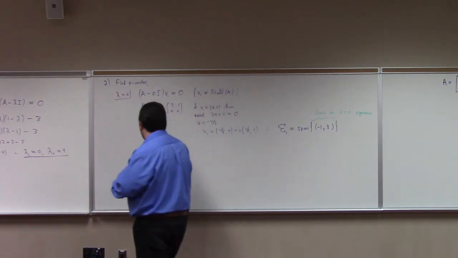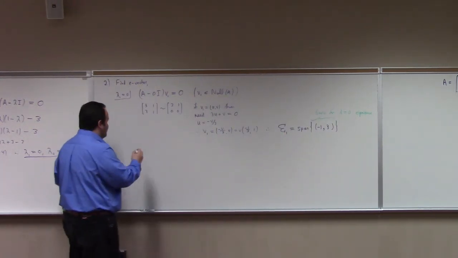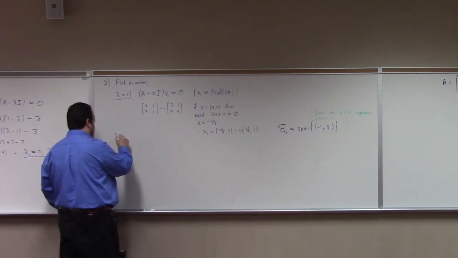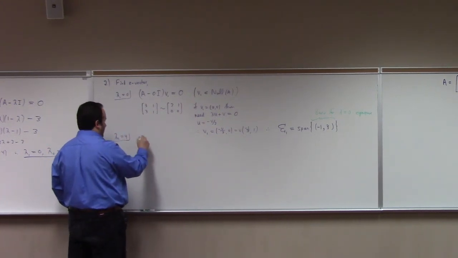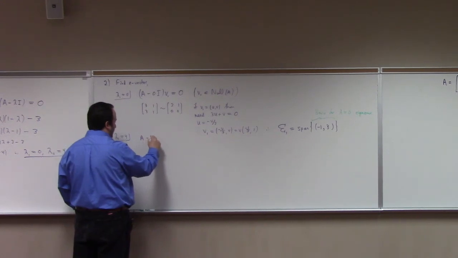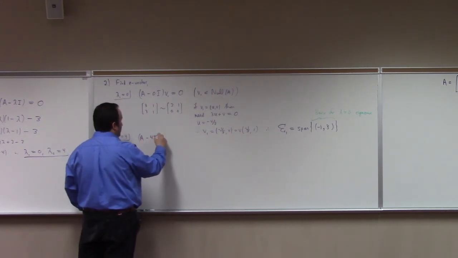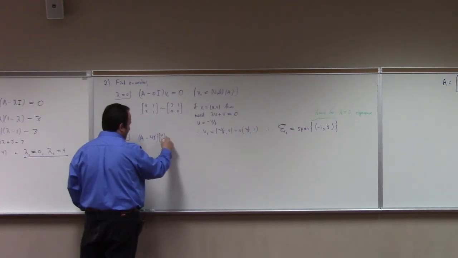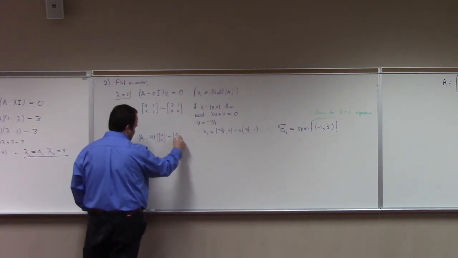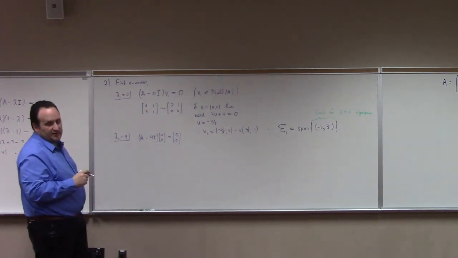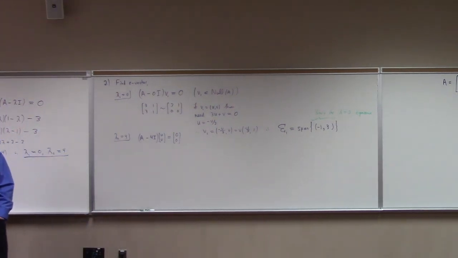And then we have what other? 4, right? So lambda 2 equals 4. I'm trying to solve A minus 4I, and let me just get straight to the point, times a vector (u, v) equal to (0, 0), right? You notice that inventing the symbol v1 didn't really do much for us in the previous step.